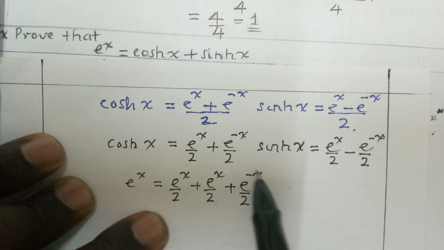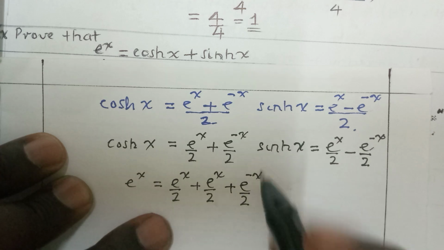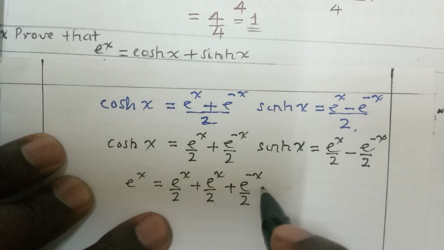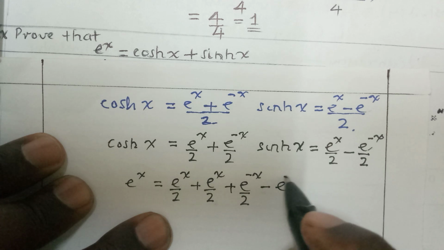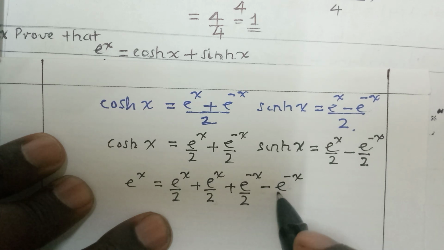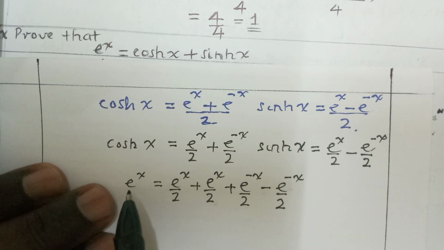But now, if we introduce that, we're going to change the value of that. So we have now to subtract it again, like this. E raised to negative x, once again, all over 2. So we don't change the original value of e raised to x.